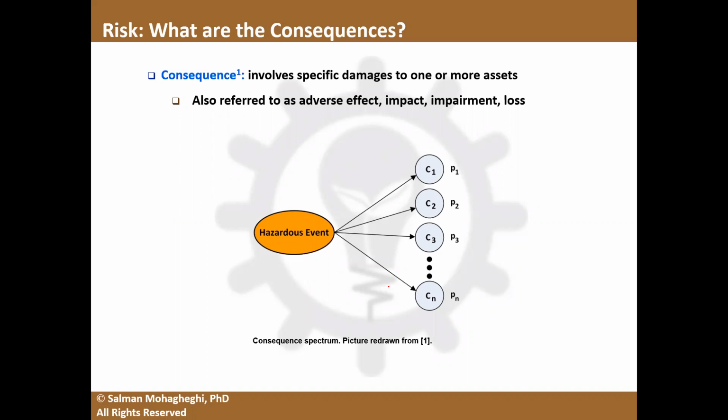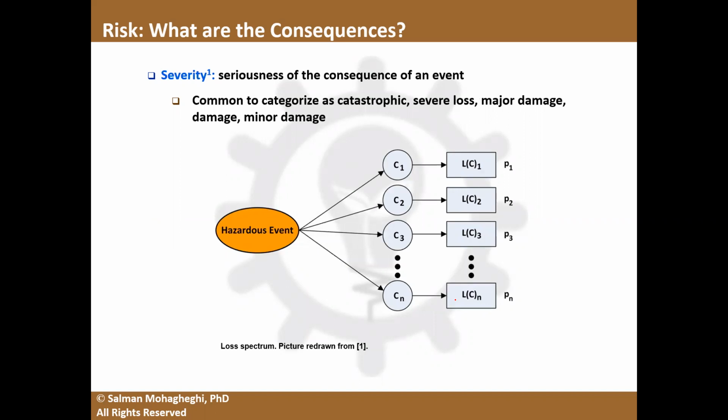So if you look back at what we talked about before, you have a hazard, a triggering event causes it to lead into a hazardous event, and the hazardous event would lead to different consequences, each one with its own probability. These consequences will only tell you what will happen, but how severe they are, in order to assess that, you have to look at severity. So how serious those consequences are.